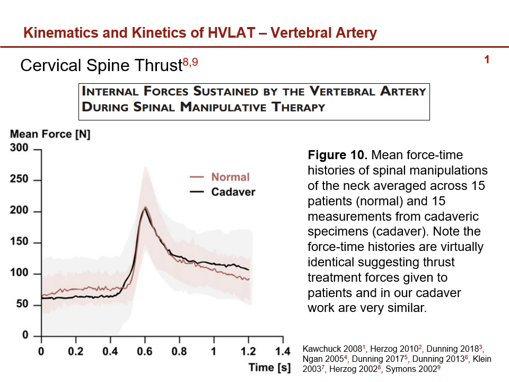You can see that the mean lines, as denoted by the red and the black lines for normal and cadaver studies respectively, are quite consistent with one another. Moreover, you can see the slight variability in the shaded regions, the slightly off color gray scale versus the slightly pink shaded one. So really the take-home story is that yes, they are virtually identical, suggesting that the thrust treatment forces given to the patients and in their cadaver work are very similar.